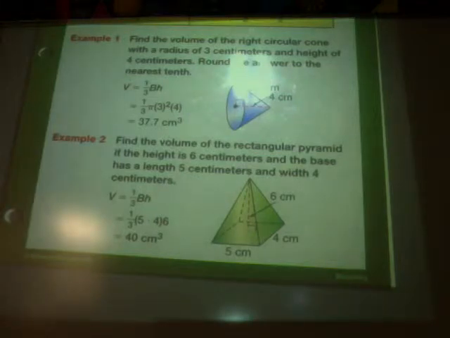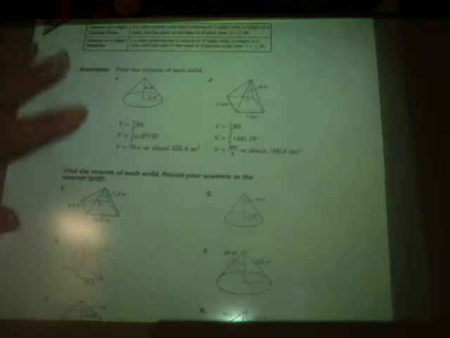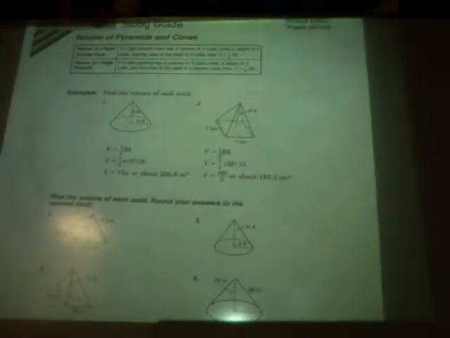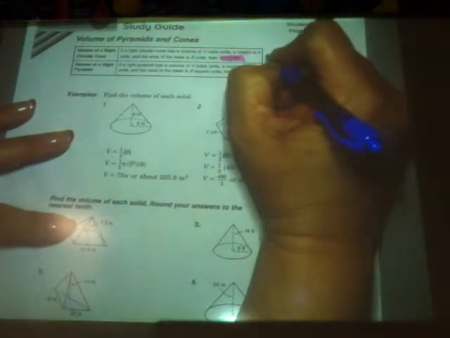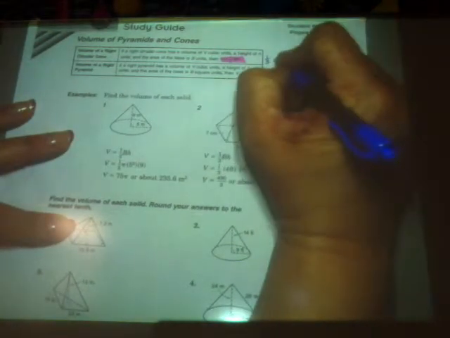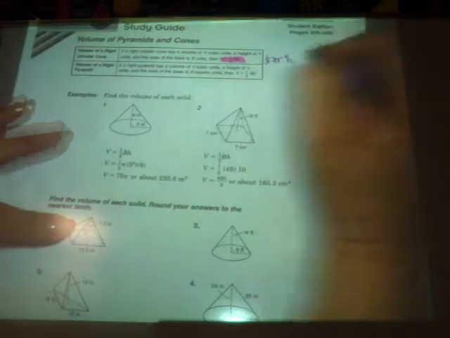All right, now look at your study guide. And I do want you to highlight your formulas up here. And if you want to, to the right here, you can put, it's also equal to 1/3 pi r squared h.